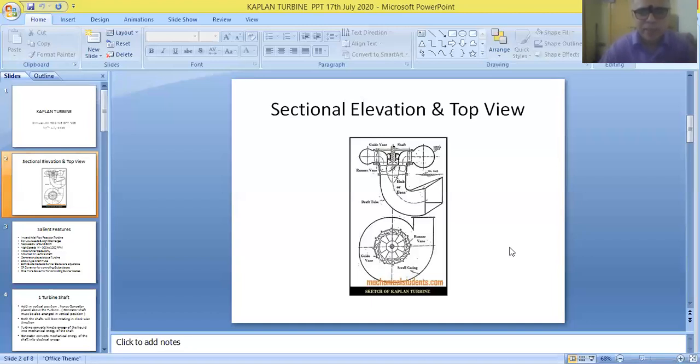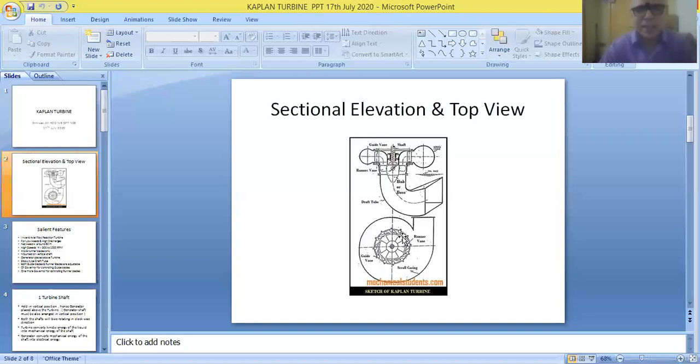That means in the first stage, the casing is very essential for raising the kinetic energy of the liquid. And secondly, water which is coming out of the casing will be entering the guide wheel, and it will be flowing from outer diameter to the inner diameter of the guide wheel.